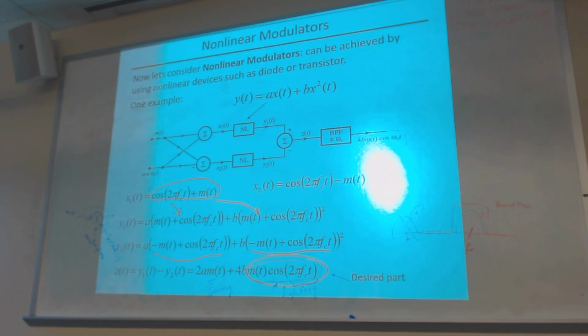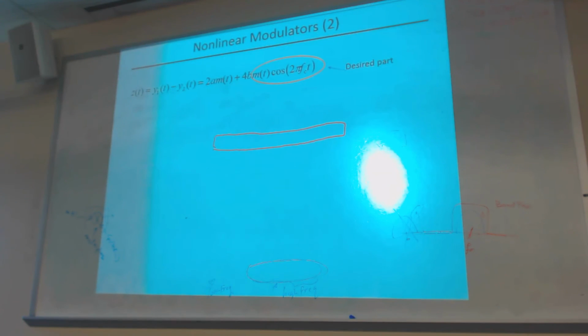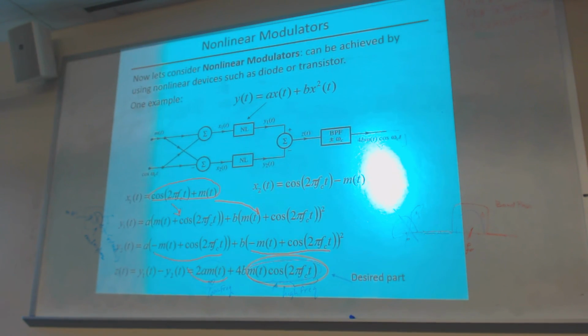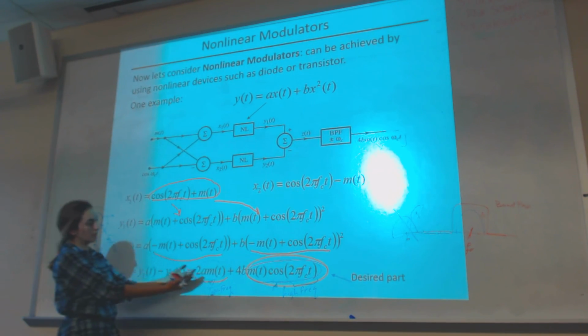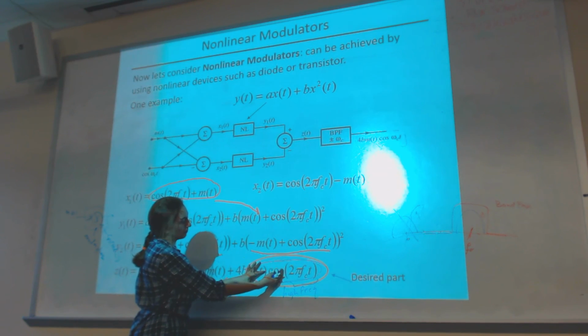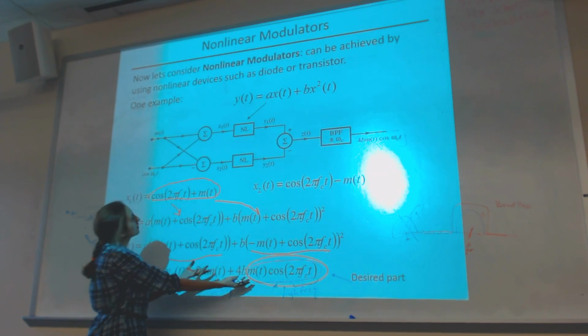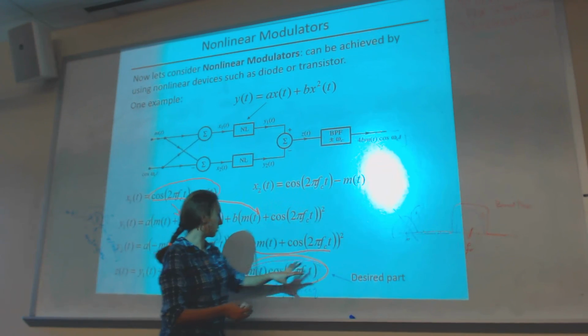We have two inputs, and one of the inputs doesn't appear. The cosine doesn't appear, so you have m(t) and you have the multiplication. The point is just how to work with this system, and the idea that this is the m(t) cosine that I like, so I just put a bandpass filter to get just this part.